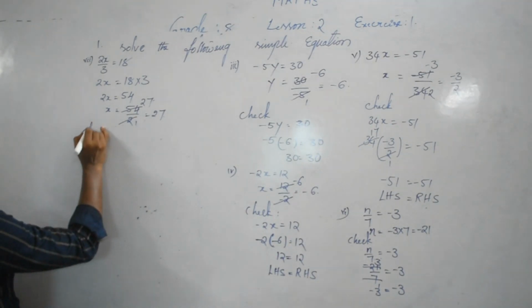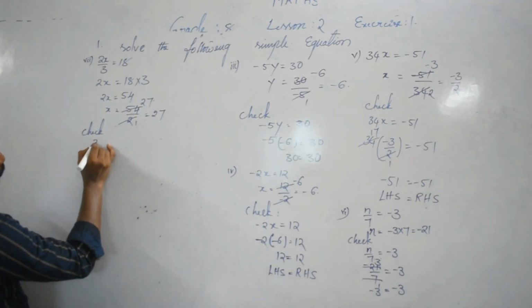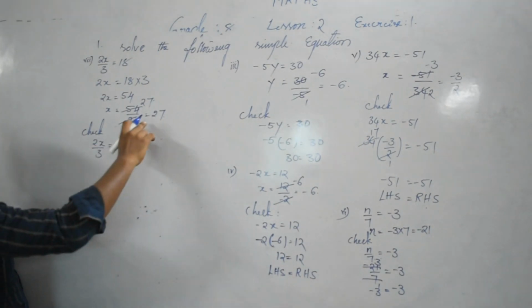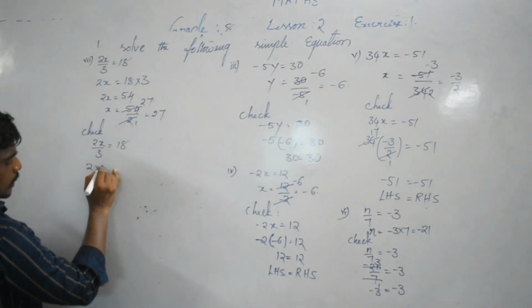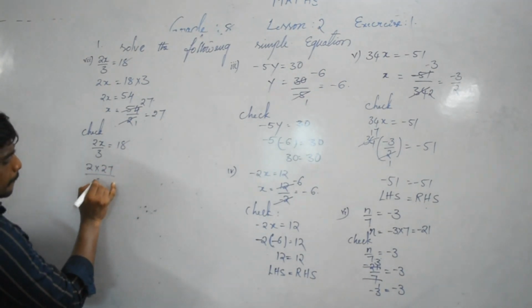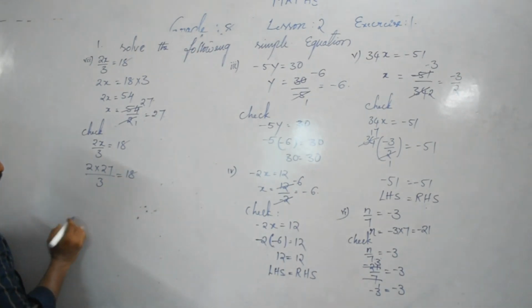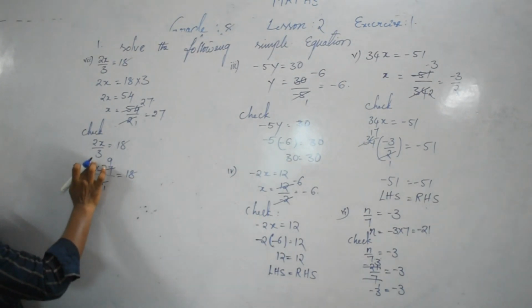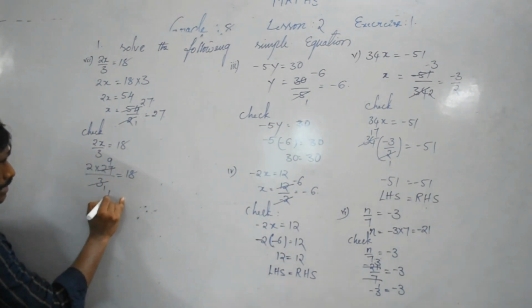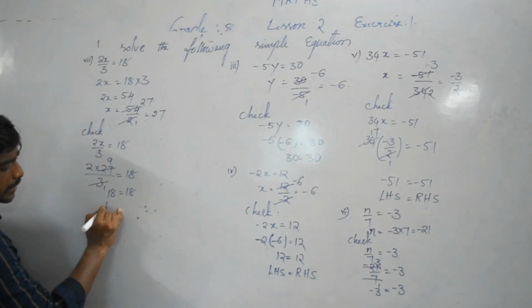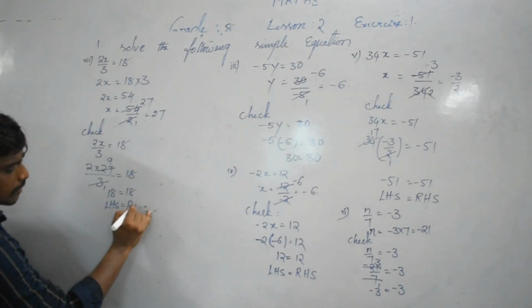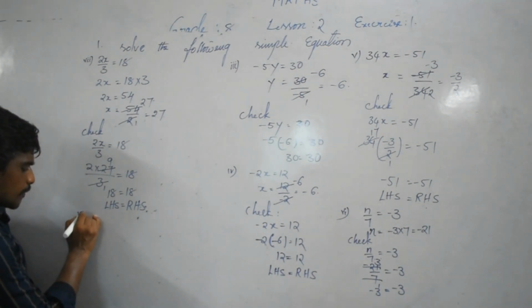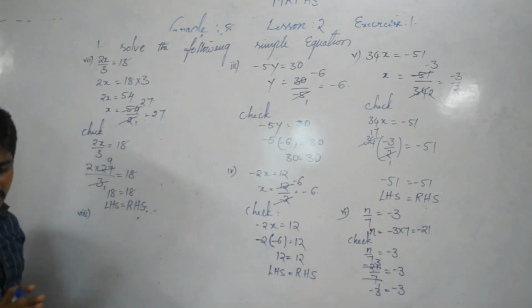So once we check, 2x by 3 is 18. x value how much? 27. 2 cross out, 27 by 3 is equal to 18. 3 ones are 3, 3 nines are 27. So 2 into 9, 18 is equal to 18. LHS is equal to RHS. So every problem is checked by this process.